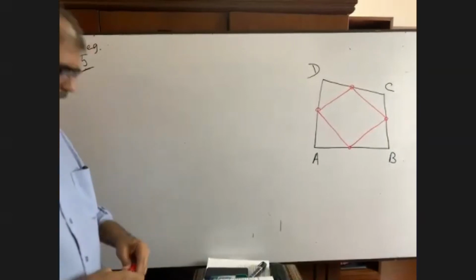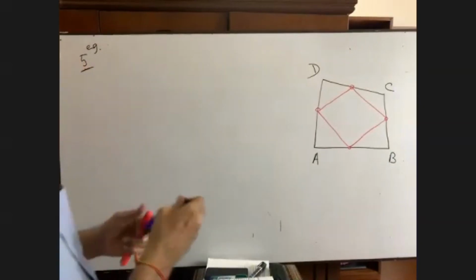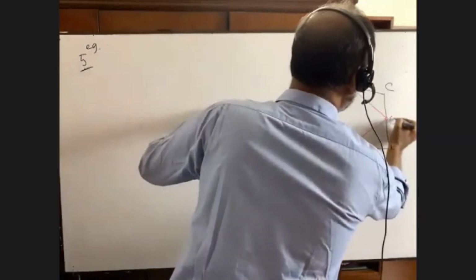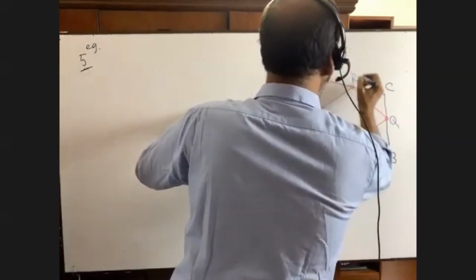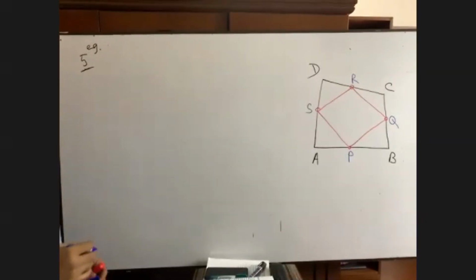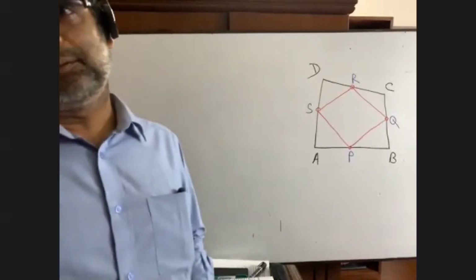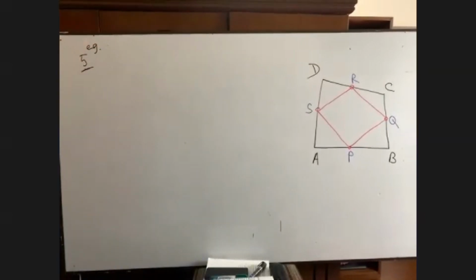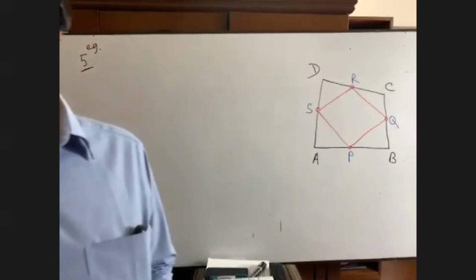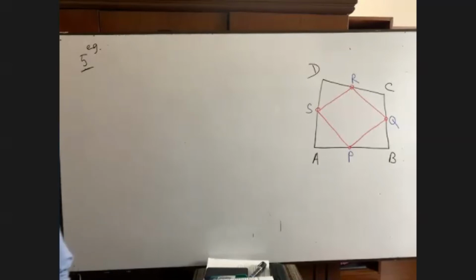Suppose we name the midpoints P, Q, R, and S. You have to prove with the help of vectors that PQRS is a parallelogram. What I have told you, you have to prove that PQRS is a parallelogram.